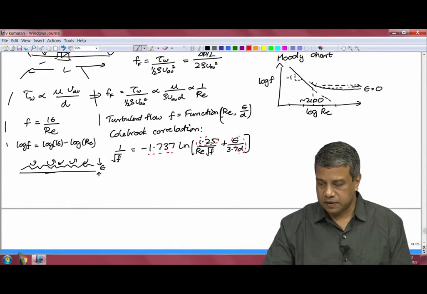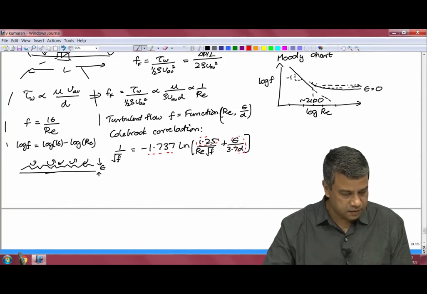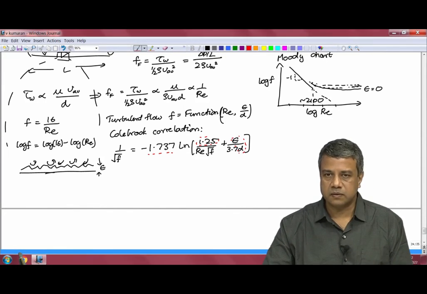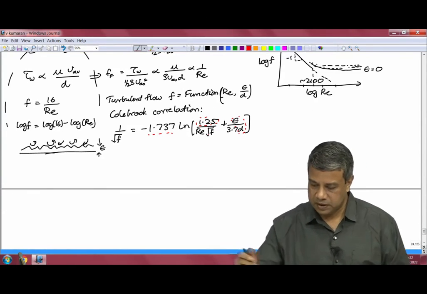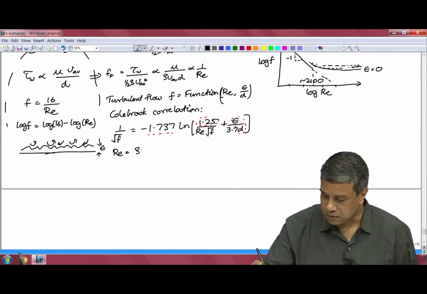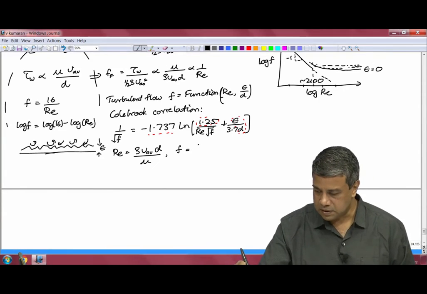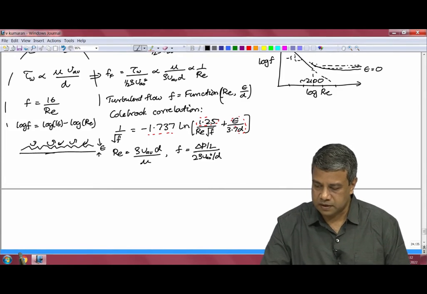However, this is actually an explicit relationship if the pressure drop is specified and you want to know what is the velocity. Recall that the Reynolds number is rho V average d by mu, and the friction factor is equal to delta p by L by 2 rho V average square by d. So, those are the conversions for the friction factor and the Reynolds number.